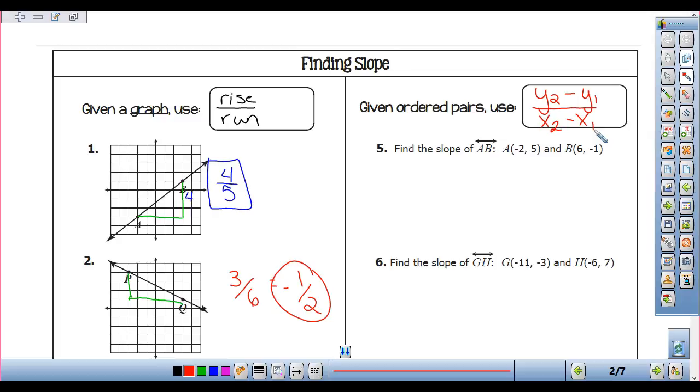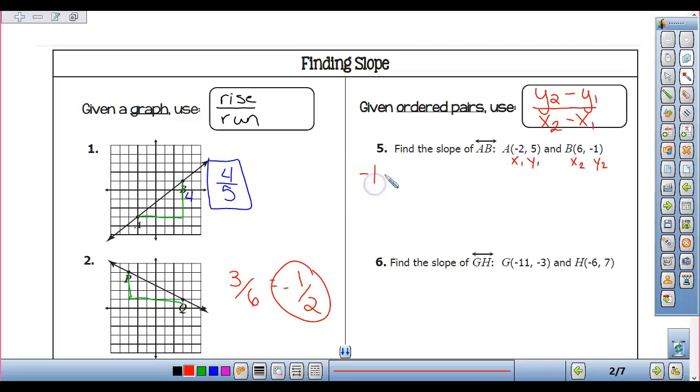Okay? So I like to, especially right now when we're refreshing our brains, label them x1, y1, x2, y2. Alright, now we can plug into our formula. What's my y2?